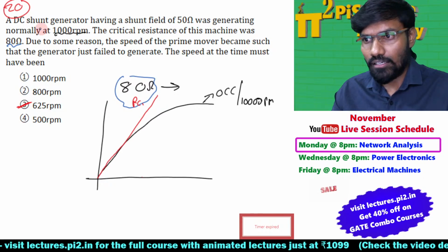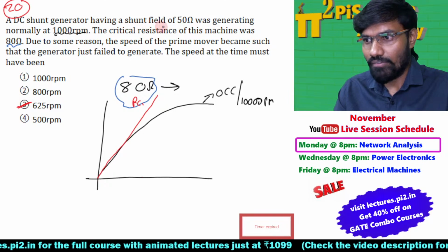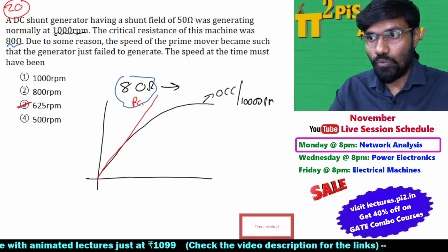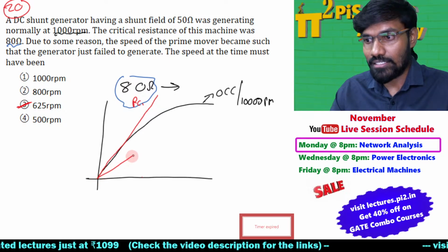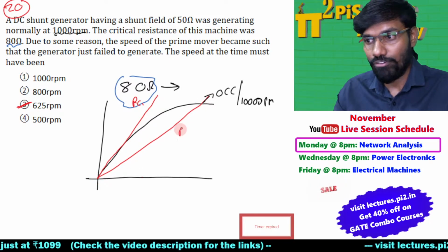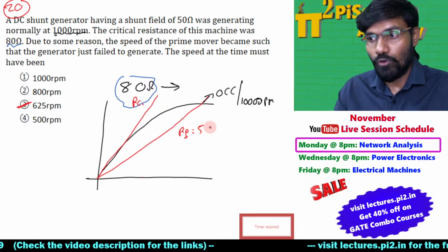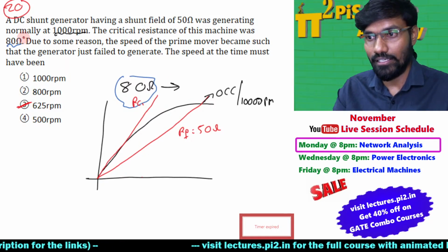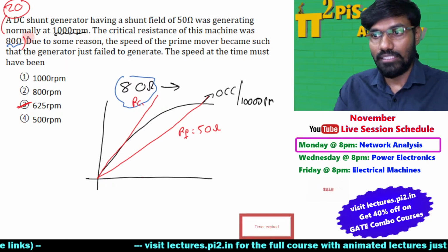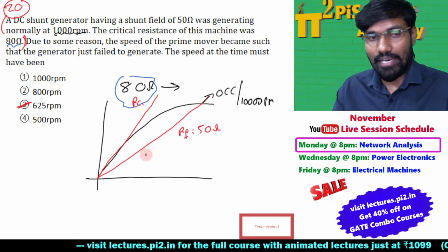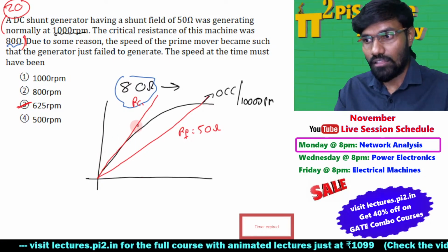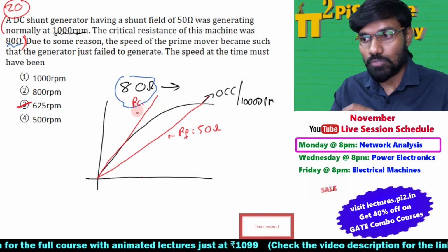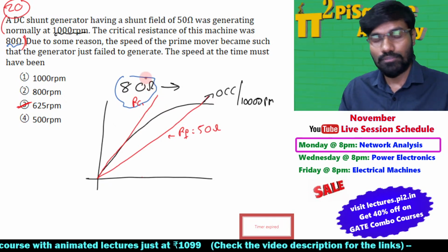Here it was given that the DC shunt generator has a shunt field resistance of 50 ohms and was generating normally. So RF is 50 ohms. This is the first case, the diagram I had drawn: 1000 RPM, RF equal to 50 ohms, and corresponding critical field resistance 80 ohms.